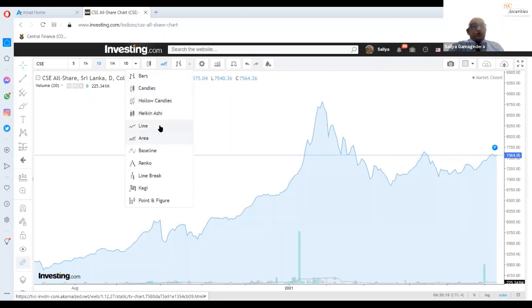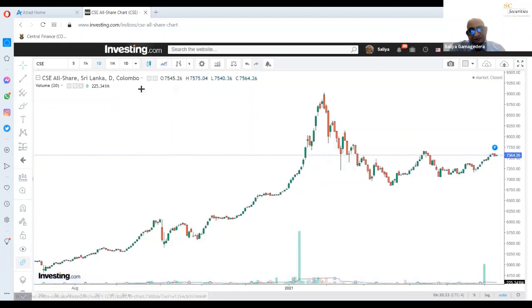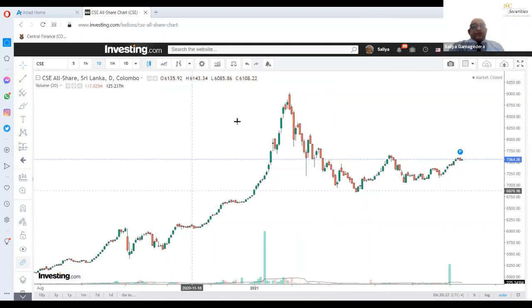Amongst them, the most popular is candlesticks. So we click on the candles. Now we are here on the candlestick chart on the Colombo Stock Exchange All Share Index. At the same time, we have added another feature, which is the volume.